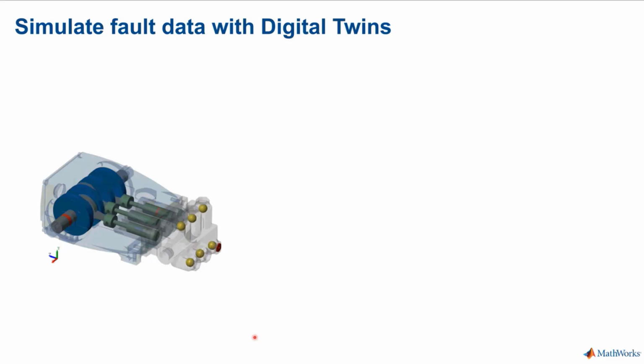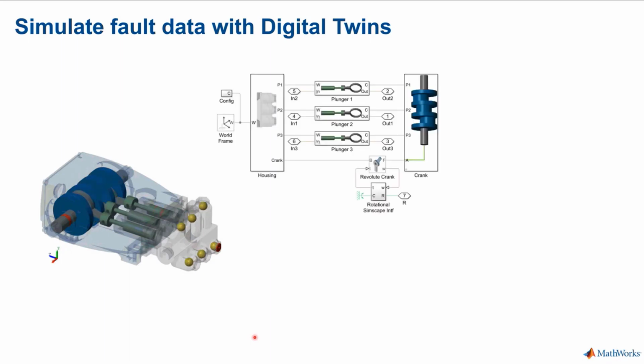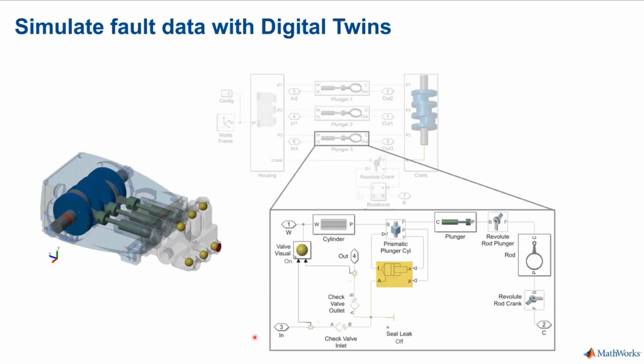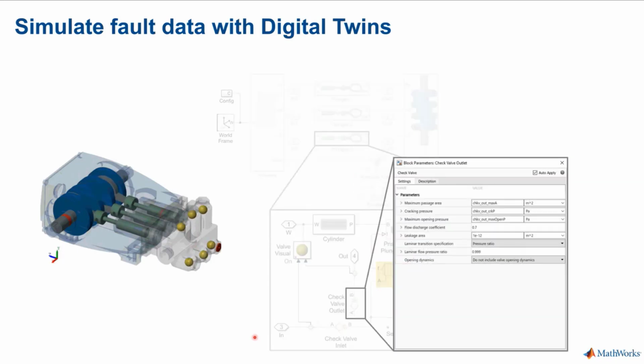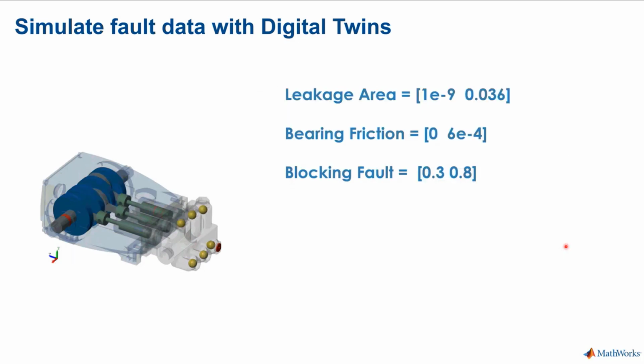And if you look at the predictive maintenance use case, we need to alter the models a bit to include faults. So here is the full simulation. And here we have the valve outlet that we can change with the parameters. So we can see how different faults will, in the end, have an impact on the measured data. So here we made simulations with different leakage areas. So if this area is high, then you have a leakage fault. So we can simulate that.